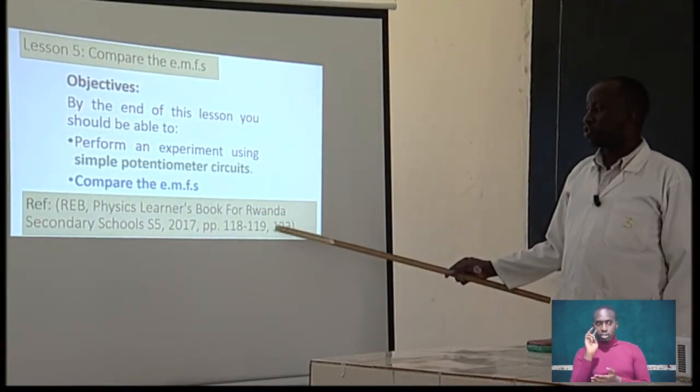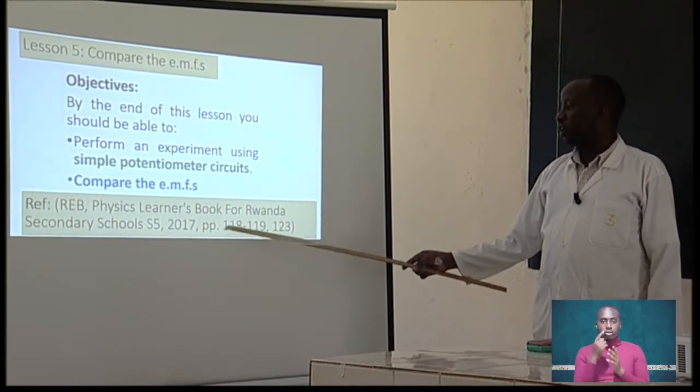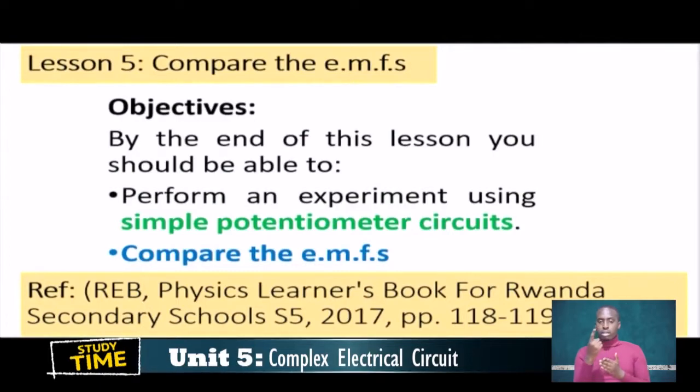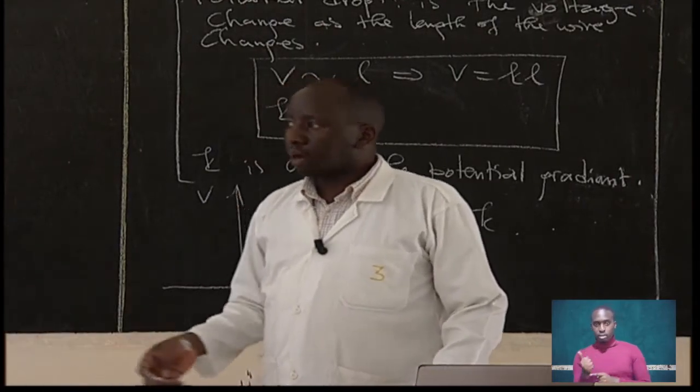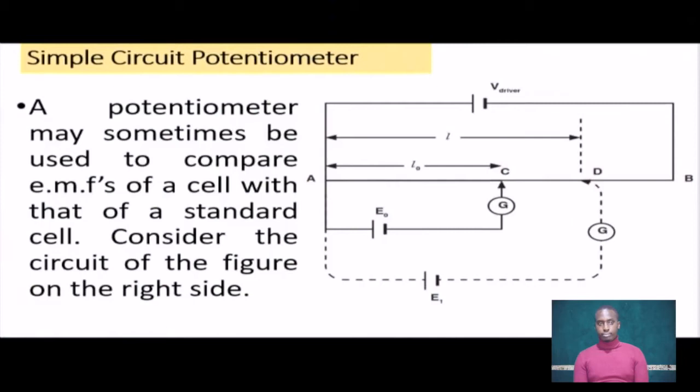Check this in the Senior 5 book, and you find just on pages 118, 119, and 123. There you find the exercises. So as we move on to the circuit diagram, let's see the circuit diagram here.